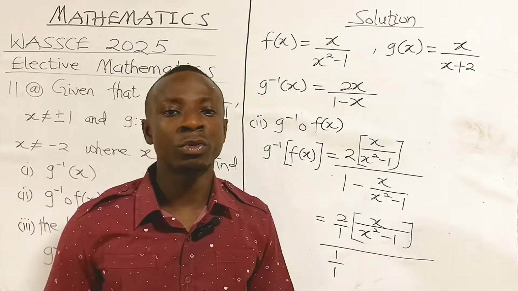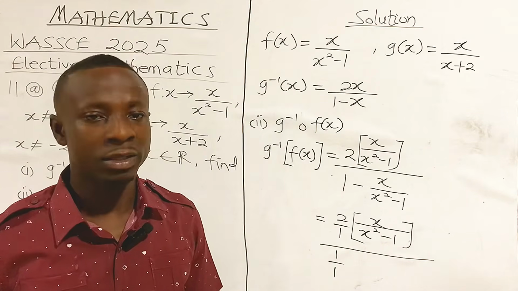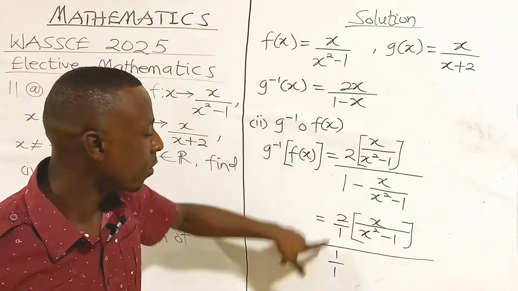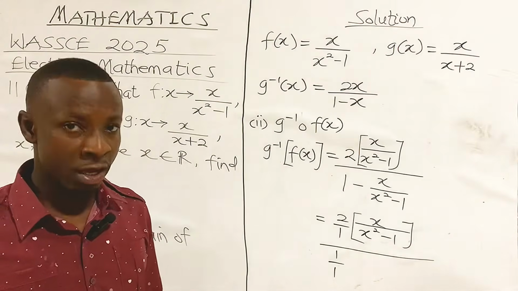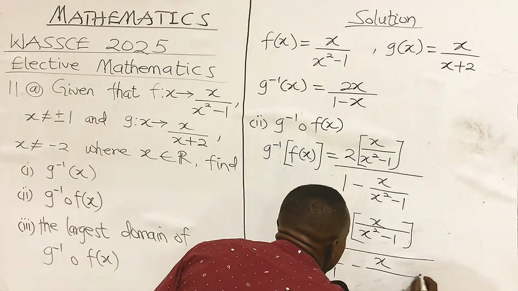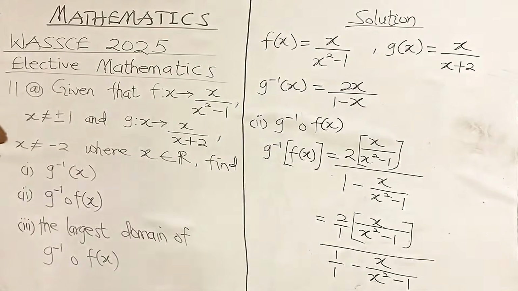And anytime you want to rewrite a whole number as a fraction, you just divide it by 1. So 2 over 1 because it's a whole number, 1 over 1 because 1 is also a whole number, minus x all over x squared minus 1. So we are going to continue from here.